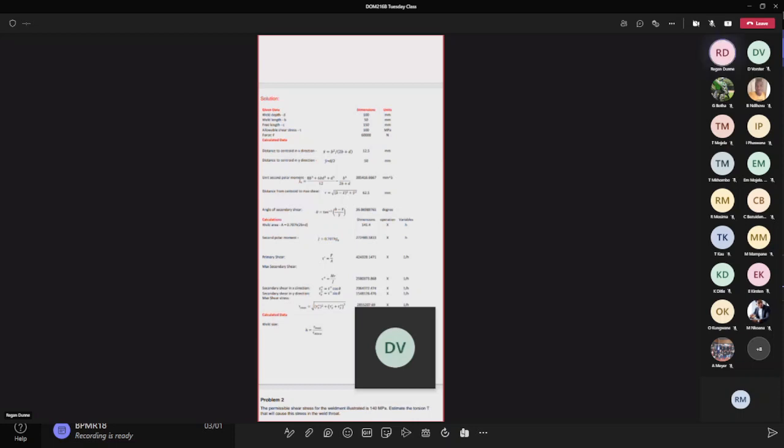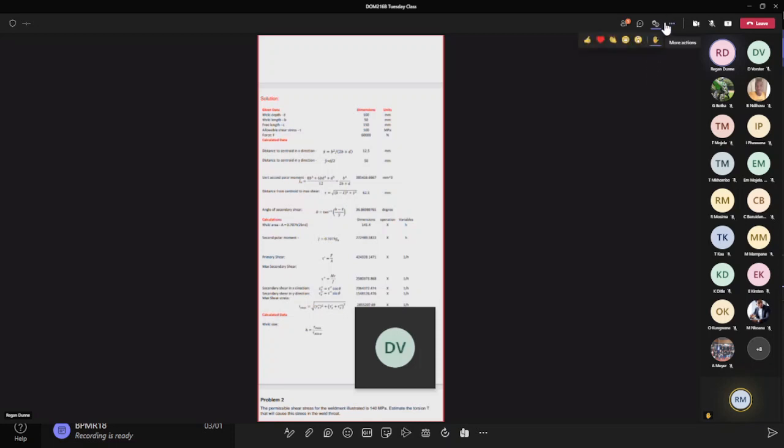We get 36.869 degrees. I will record this also once the power's back, and I will also draw a little sketch of the primary and secondary shear stress, and go into a bit more detail.